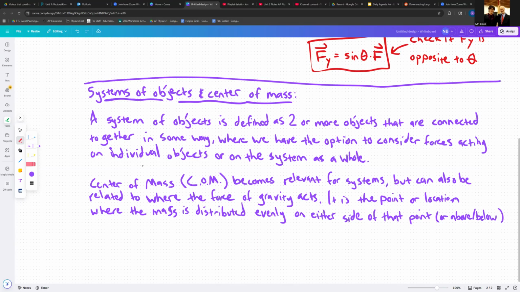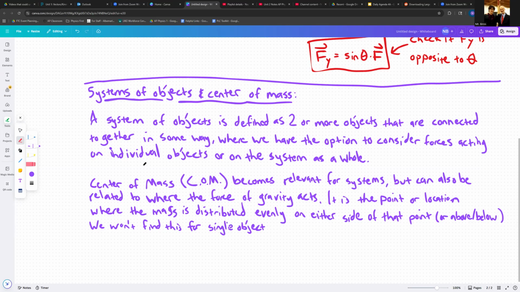So one thing to note here is we won't find this for single objects. If you just have a box sitting on the ground or a bicycle on the street, we're not going to really worry about finding the center of mass for a thing that we're considering as one single object.